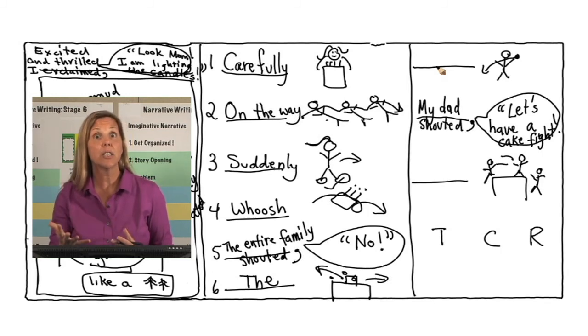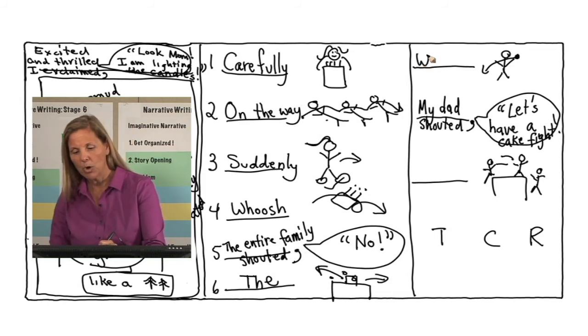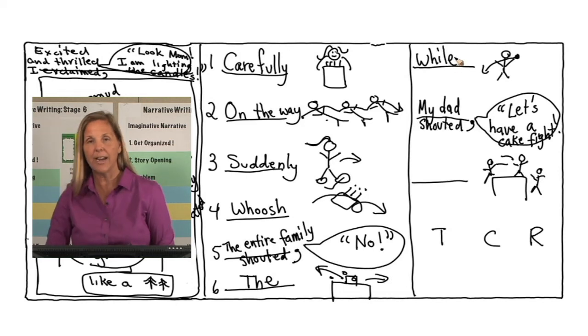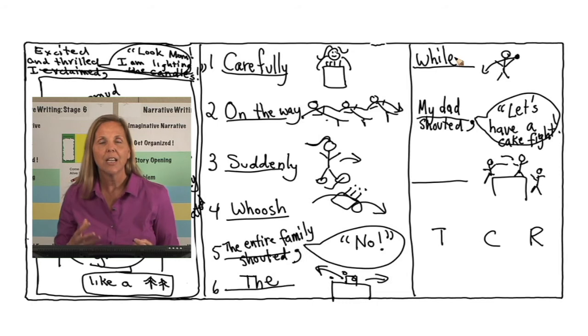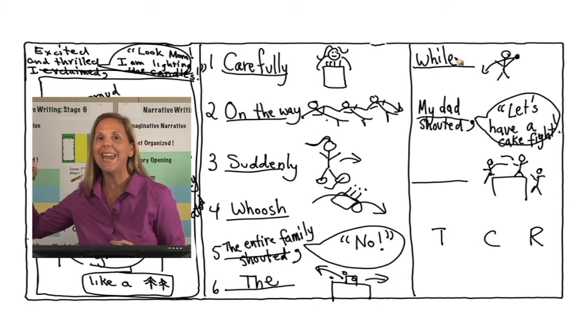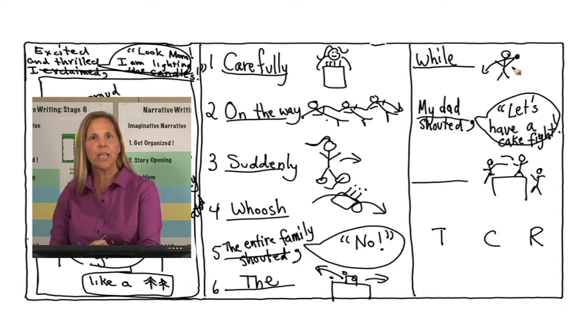Or I could transition, showing what everyone was doing. While everyone froze in their seats, maybe I could do that. Maybe I'll put the word while here and start that phrase. While my entire family froze in their seats, my dad grabbed a chunk of cake and started throwing it. My dad, I already said my dad up there.